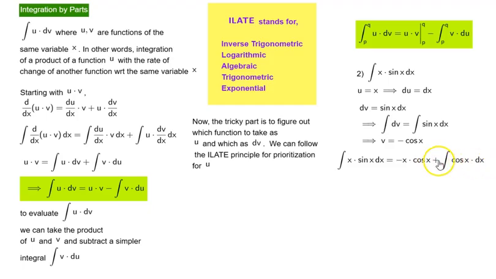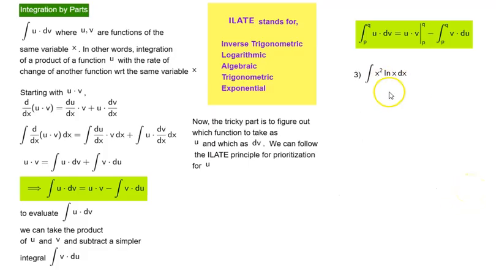But minus times minus becomes plus. So we have plus here. And now it is pretty straightforward. The integral of x times sin x dx is equal to minus x cos x plus the integral of cos x, which is sin x, plus c.